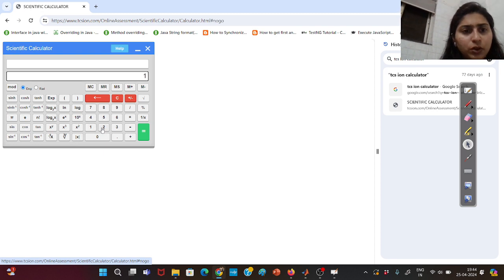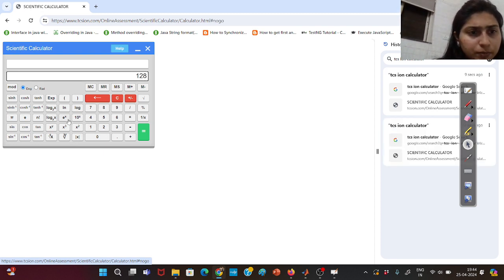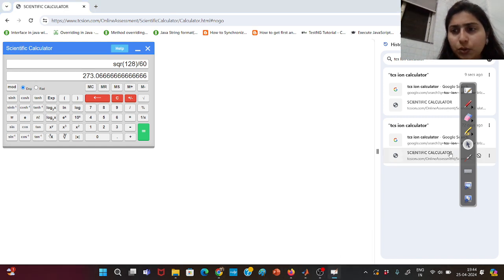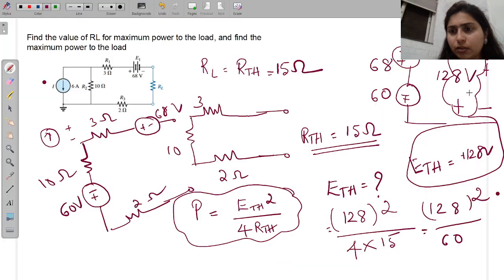That is 128 squared divided by 60. It is equal to 273 watts. So that is equal to 273 watts. This is all about this problem.